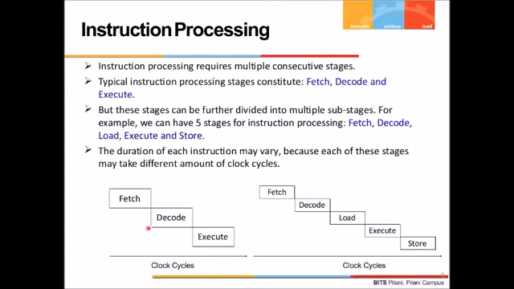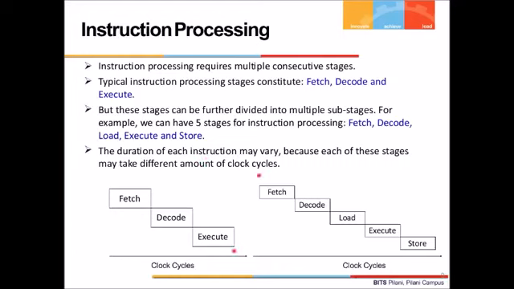These operations happen, if you see, sequentially, right? First the instruction is fetched, then decoded, then executed. Now in this case, what happened? Fetch happened, then decode happened, then load happened, then execute happened, then store happened, right? It depends upon the CPU architecture, and the duration of each instruction may vary because each of these stages may take a different number of clock cycles.